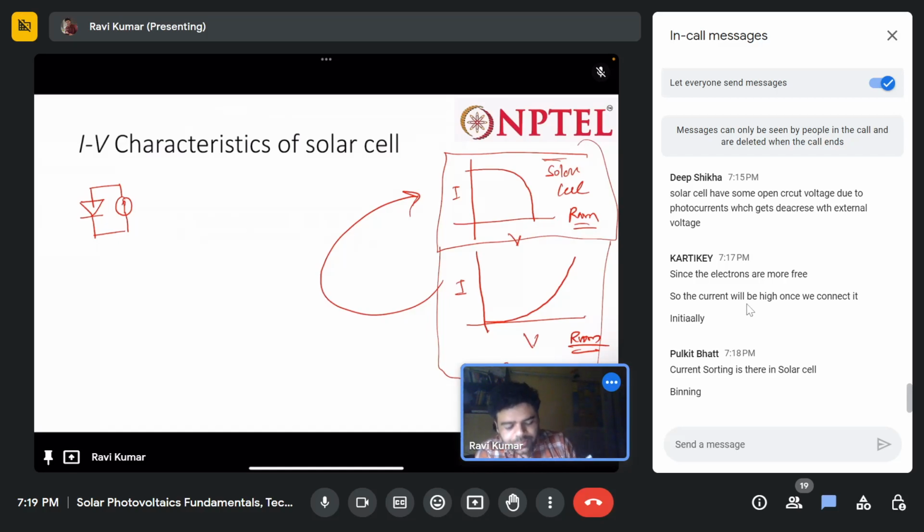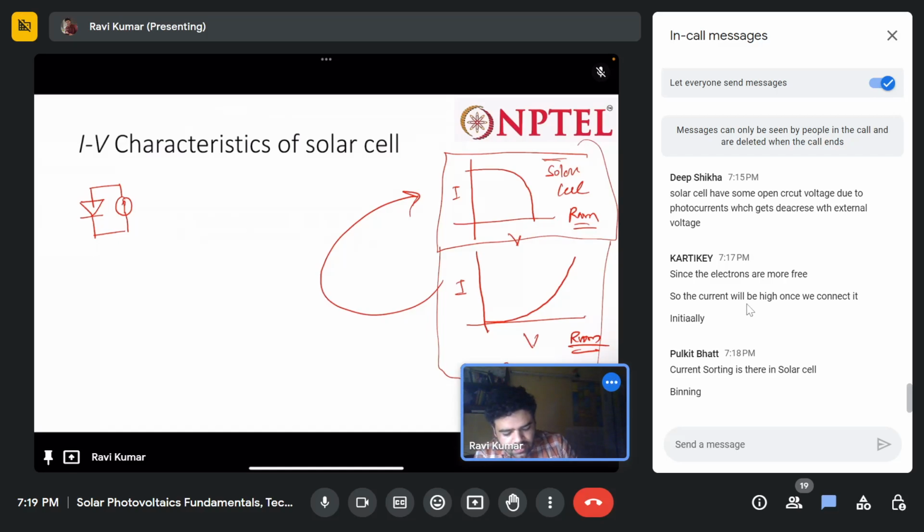Okay, it's okay. So this is the external power supply, and the direction of current is here. So here we are getting IV characteristics. In case of a solar cell, what will happen?